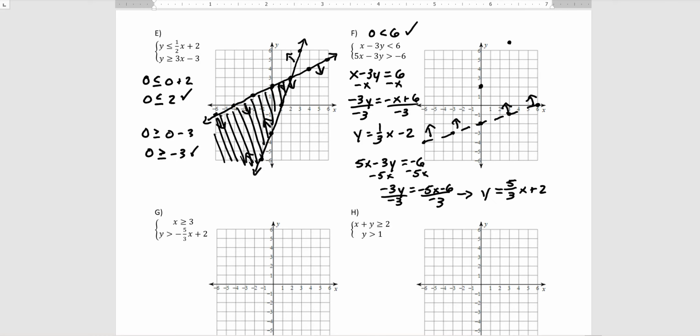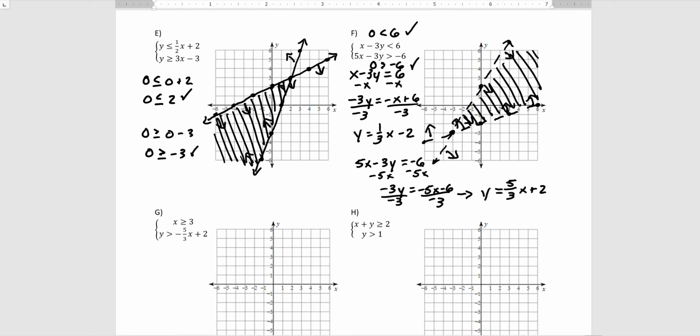Let's go down 5, left 3. That'll put me here. All right, solid or dashed line, dashed, like so. And we can draw some arrows continuing it. All right, when I plug in 0, 0, I get 0 is greater than negative 6. Is that true? Yeah, it is. 0 is greater than negative 6. So that means I shade toward 0, 0. And now look, see where those arrows are overlapping? This section right here.